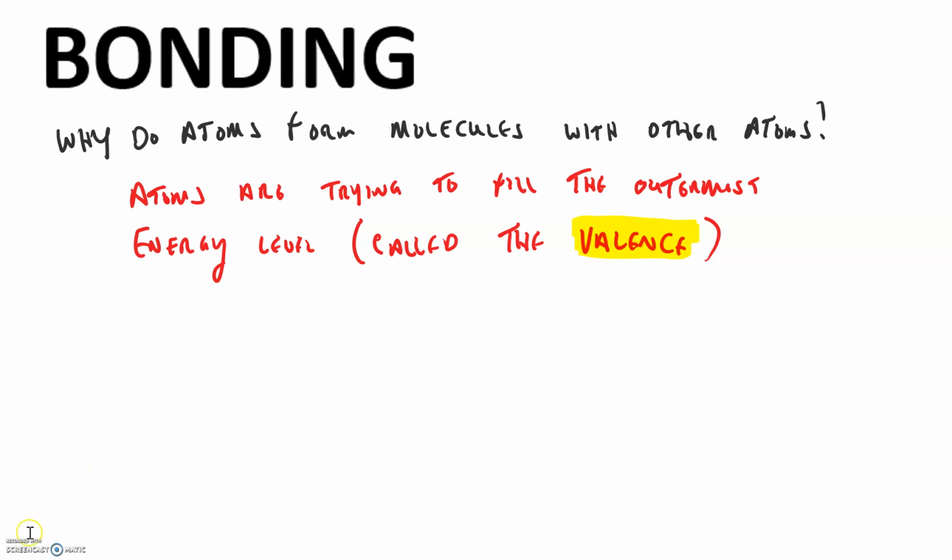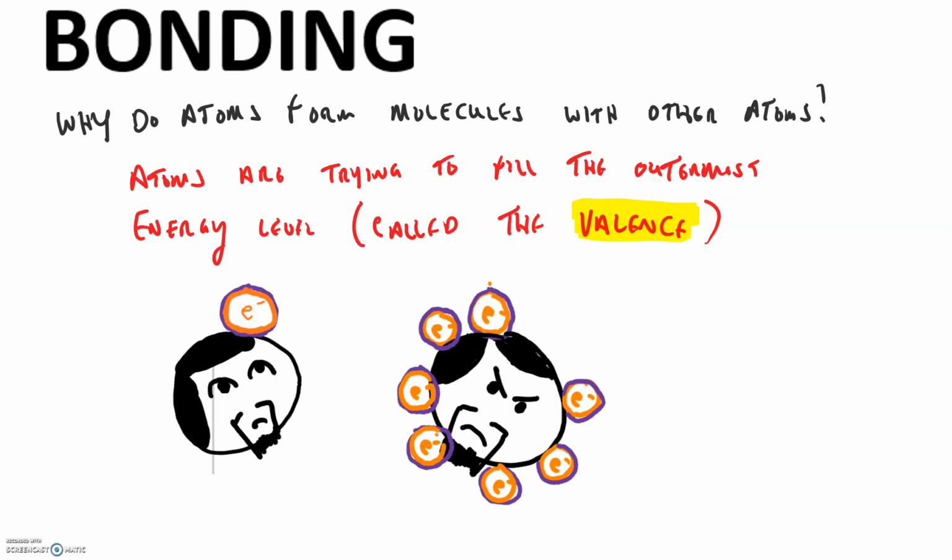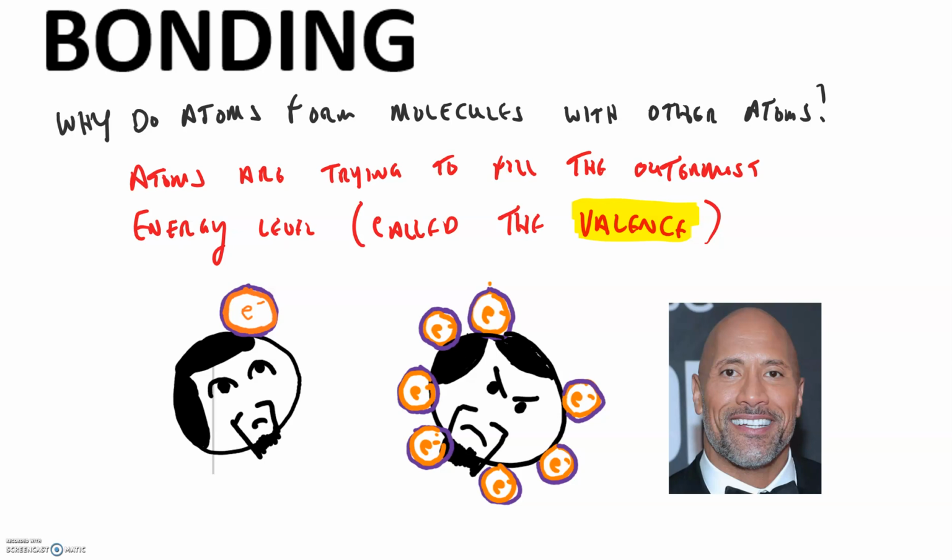You might remember from chapter 5 seeing some pictures that looked like this or like this. And we said that in the end, all atoms are trying to end up looking like this guy. And so that means that they'll share electrons, they'll swap electrons, they'll steal electrons, they'll do whatever they have to fill the valence and end up looking like this guy, the rock.